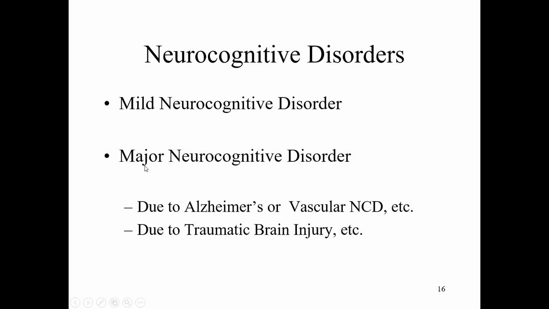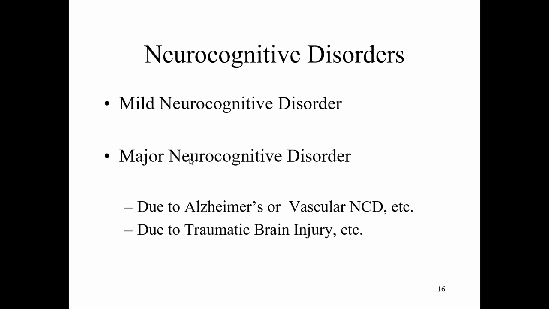On the other hand, major neurocognitive disorder would be where the mental decline is significant enough that now the person must have others intervene in order to function. So the person is not able to do daily tasks effectively due to the mental decline.